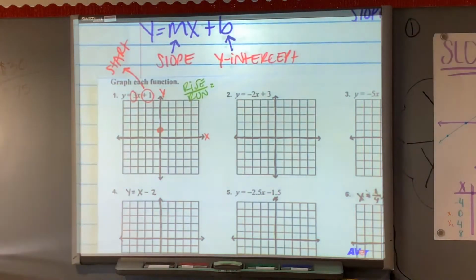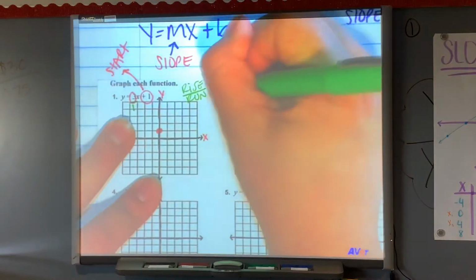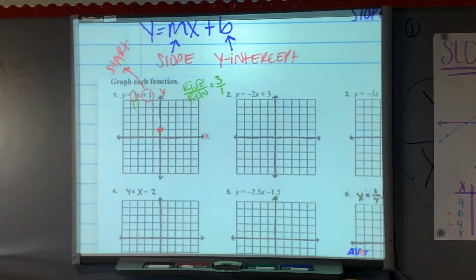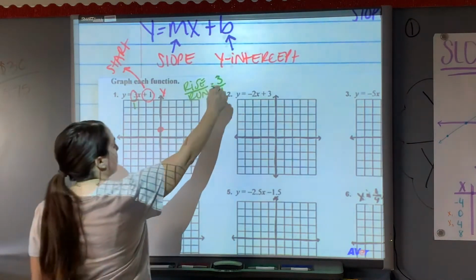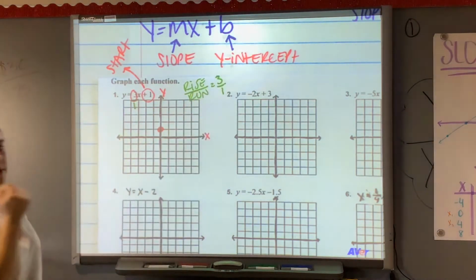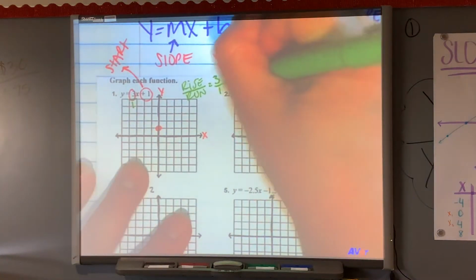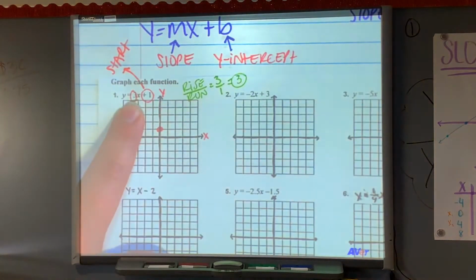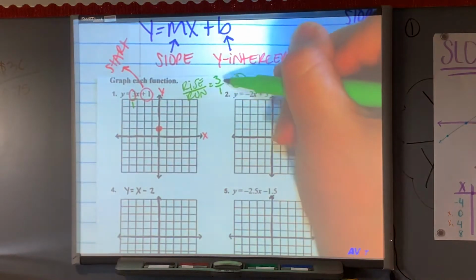What I'm going to do and what I'm going to have you do is put 3 over 1, where my rise is going to be 3 and my run is going to be 1. If I simplified this number further, 3 divided by 1, I would get 3, plain 3. And then I would have known that my slope was 3, which is exactly what they told me. So I can use this method of putting a whole number over 1 to figure out my rise and run.